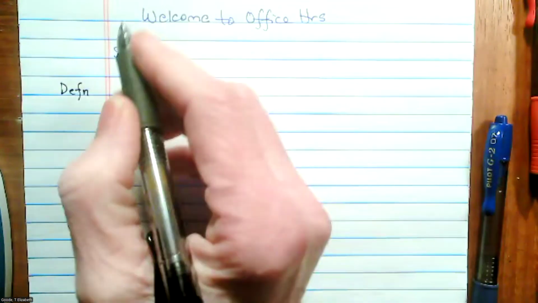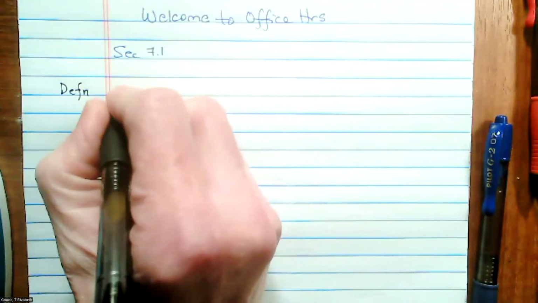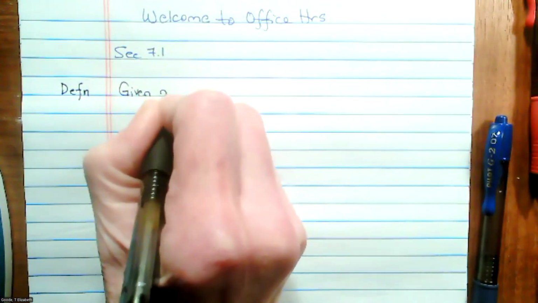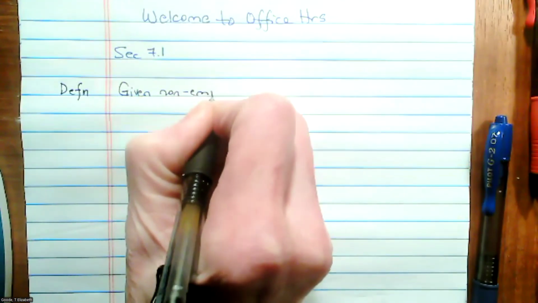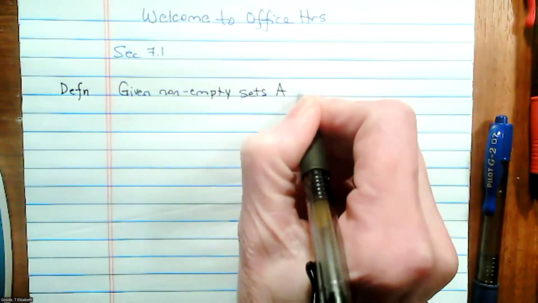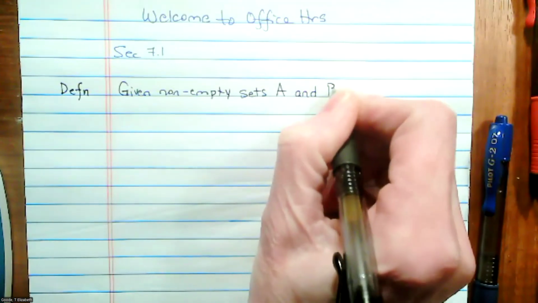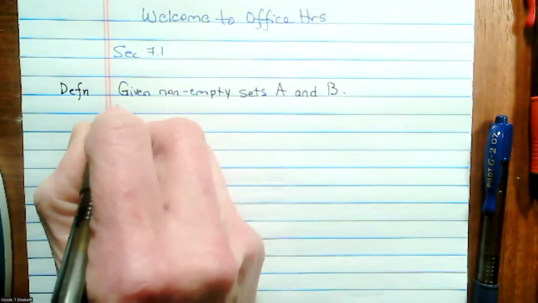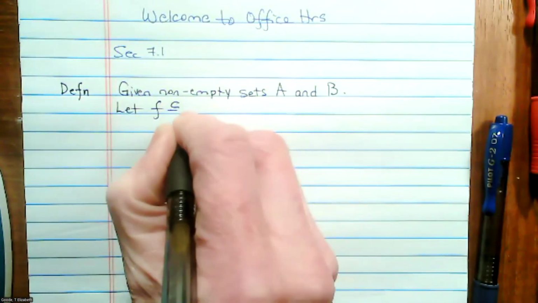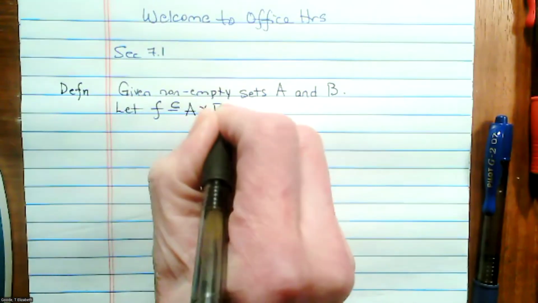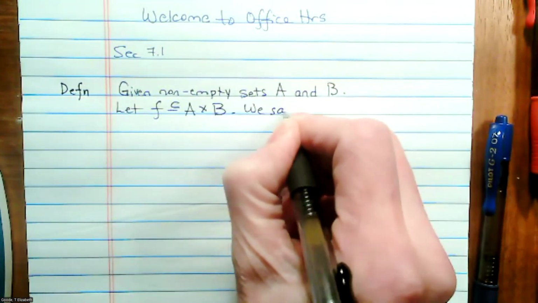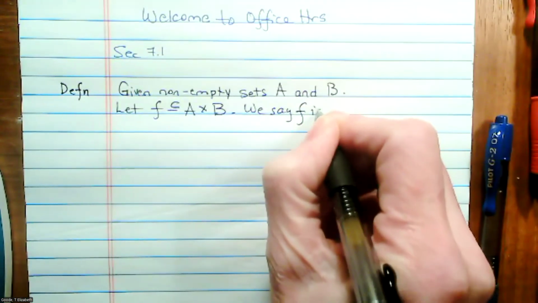you a video on. But let's just look at the definition of a function. Okay, so we're given non-empty sets, A and B. So we start with those. We're going to let F be a subset of A cross B. We say F is a function.